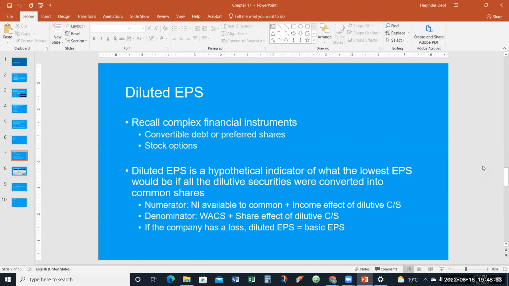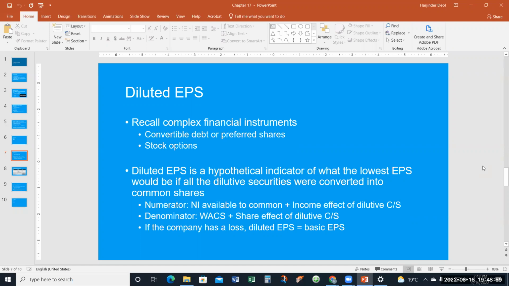So if you're thinking about diluted EPS, the only reason why the earnings per share number would go down is if you had more common shares in the denominator. And why would there be more common shares? There can be stock dividends, stock splits, sure, but then that would be captured in the basic EPS.